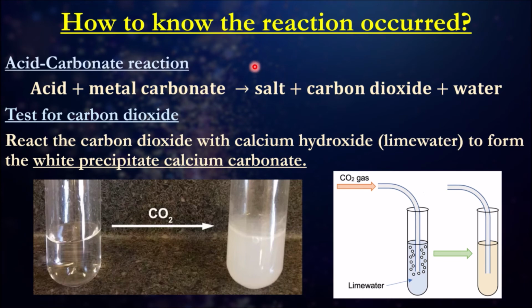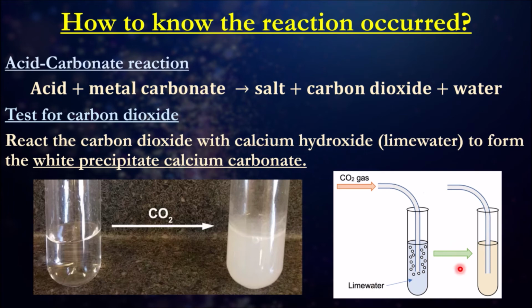One way of working out if we have formed an acid-carbonate reaction is testing for the existence of carbon dioxide. So, you bubble the carbon dioxide through a test tube of lime water. Lime water is made out of a chemical called calcium hydroxide.